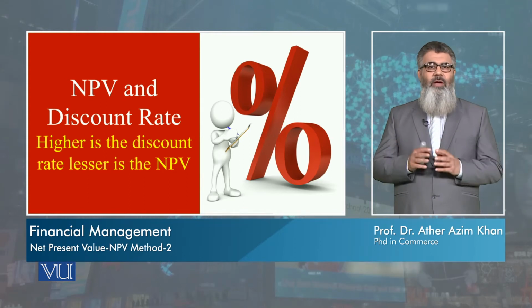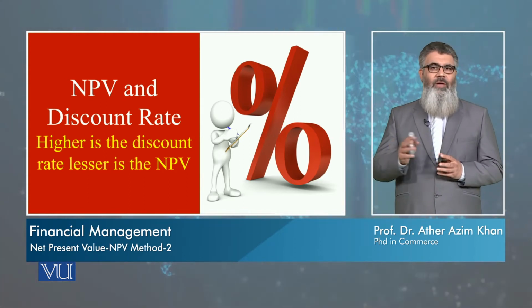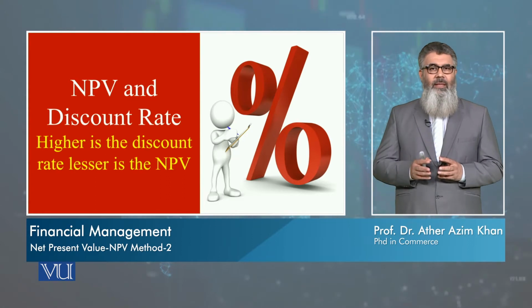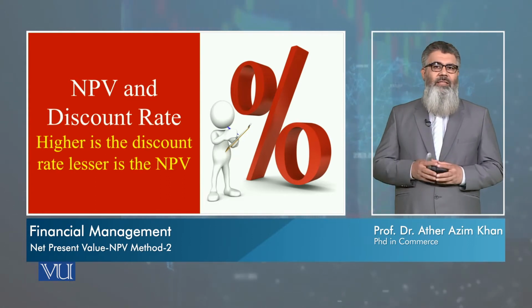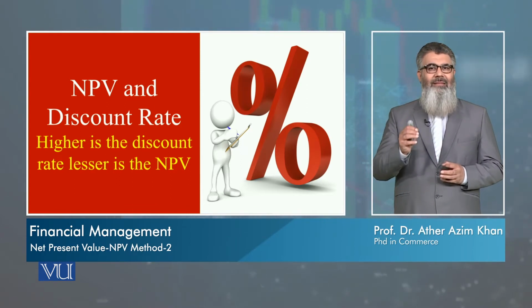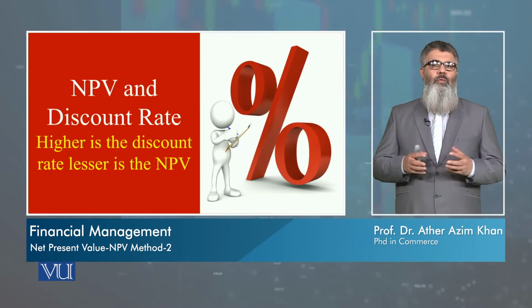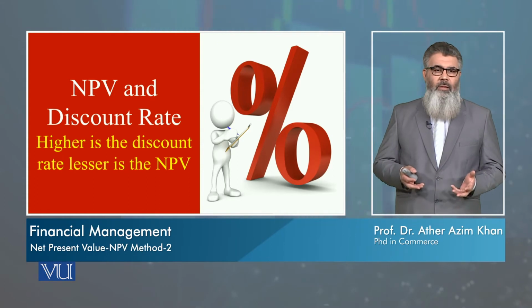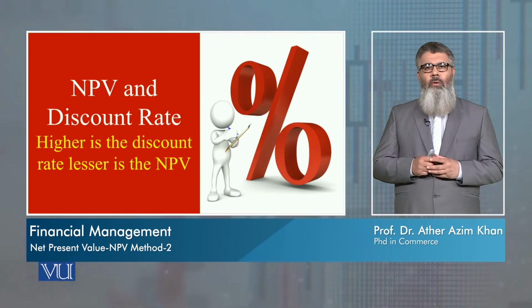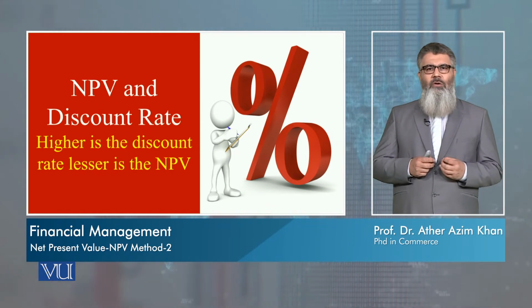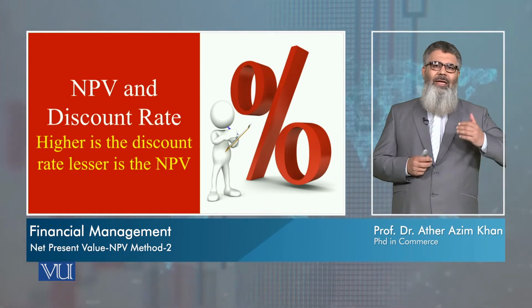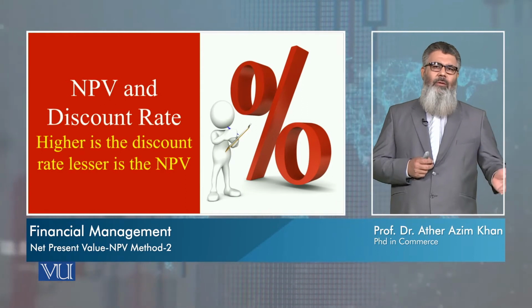And the reason for accepting a project with a net present value of zero is that a zero NPV shows that the project is giving us exactly that rate of return which we want to earn from that project. So, from this we can conclude that the rate of discounting directly affects the net present value.